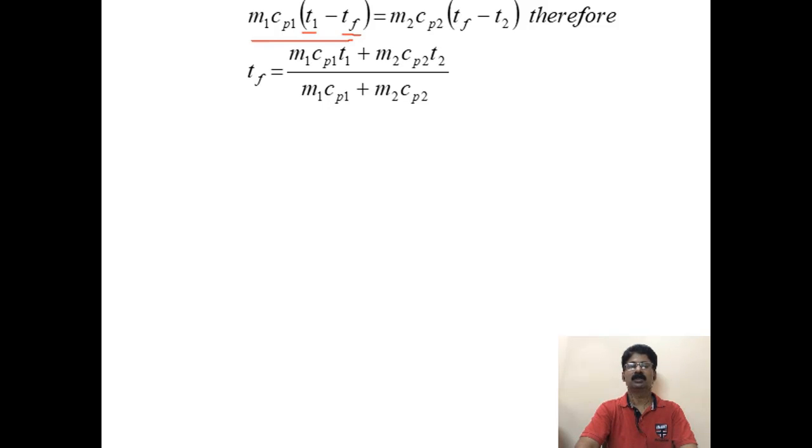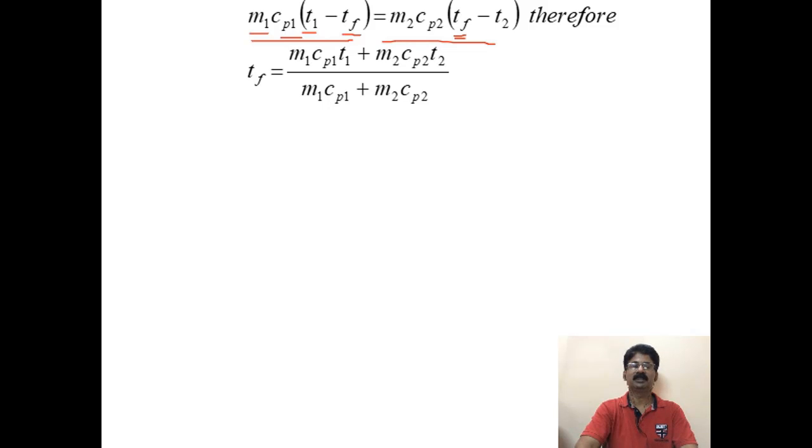So M1 Cp1 delta T, where T1 is 80 degrees Celsius and after mixing it becomes Tf. Whereas the other fluid, water at 30 degrees Celsius, its temperature is increasing. So the final temperature is more than initial, and delta T becomes Tf minus T2. So M2 Cp2 into Tf minus T2.